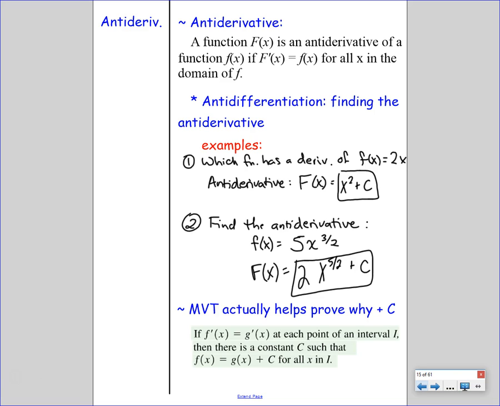Let's see if you guys can figure out how MVT applies and gets that. We could replace f prime of x and g prime of x with f of b minus f of a all over b minus a, and g of b minus g of a all over b minus a, which equals a number. The b minus a's could cancel.